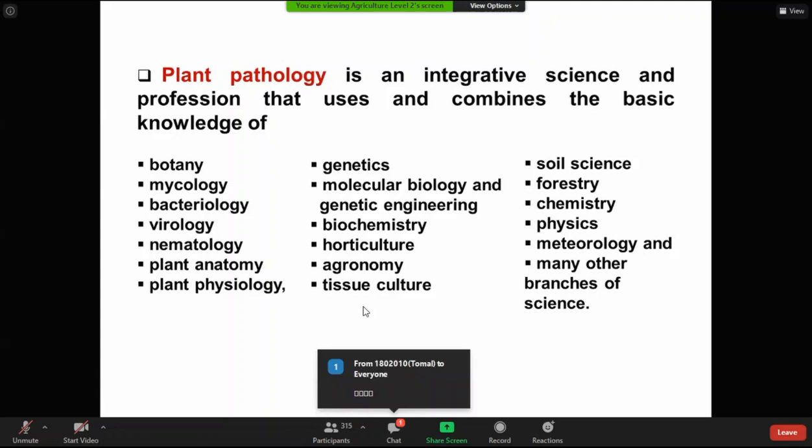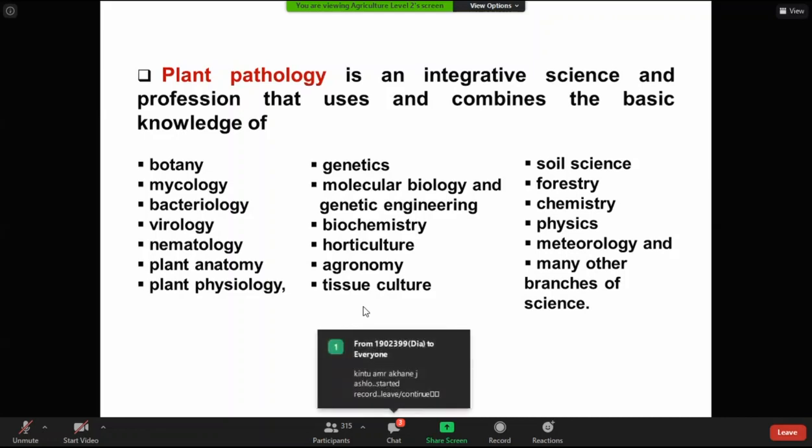So you should have a very clear understanding of the morphology and anatomy of a plant if you want to study plant pathology.